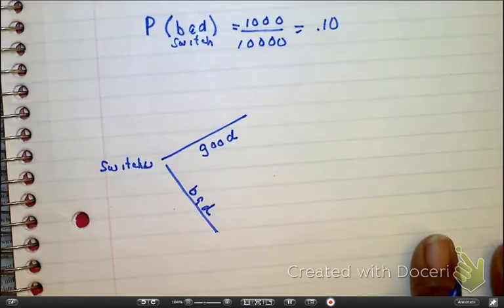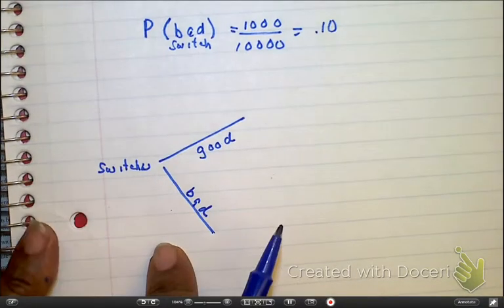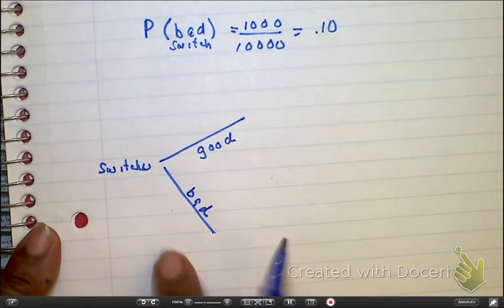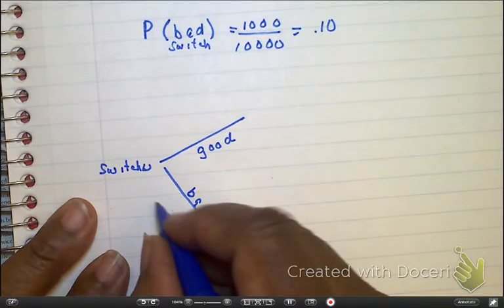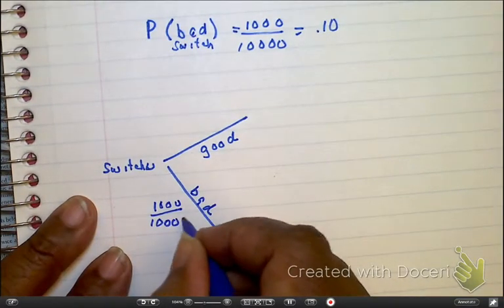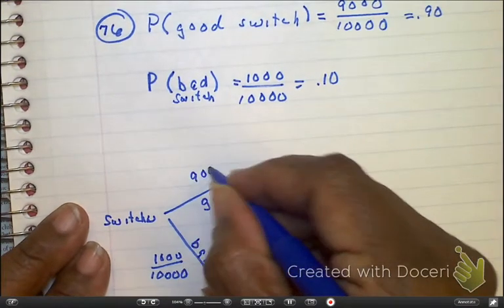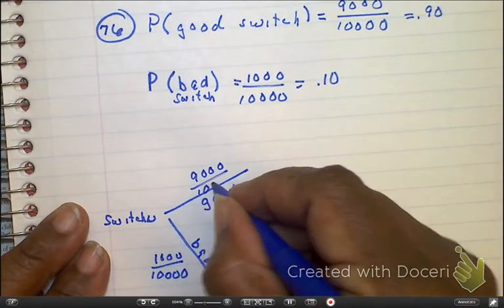Now, I'm going to use the fraction, and you'll see why in a minute, because it's easier to see with the fraction. The probability of the bad switch is 1,000 over 10,000, which means the probability of the good switch is 9,000 over 10,000.